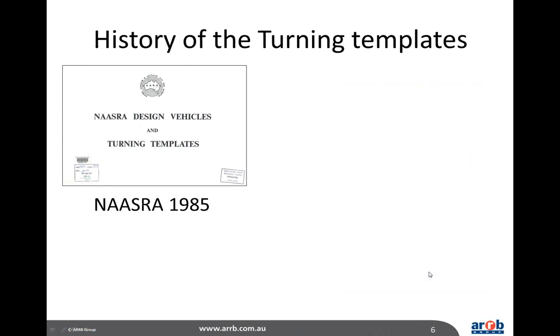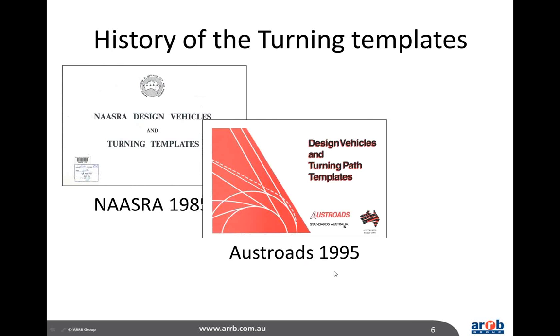So I'll just briefly go through the history of the turning templates. This 2013 edition of the guide is actually the third revision. The guide was first produced in 1985 by NASRA, the National Association of Australian State Road Authorities, and that was then revised in 1995 by Austroads, who are the successor of NASRA.